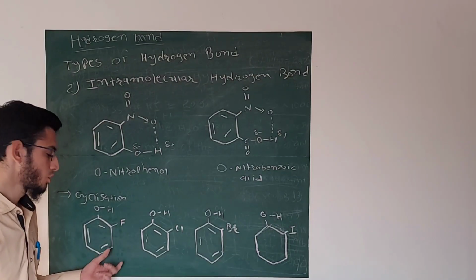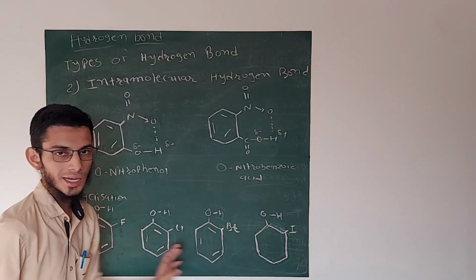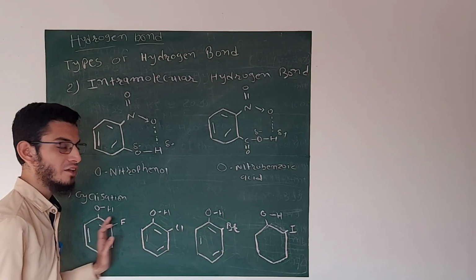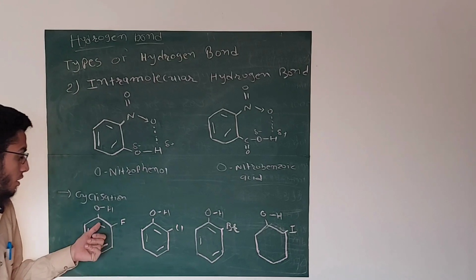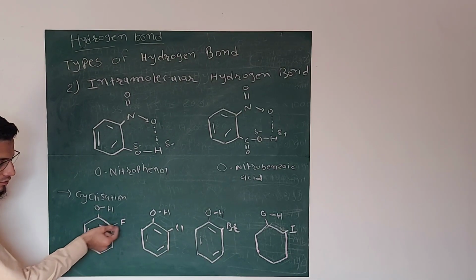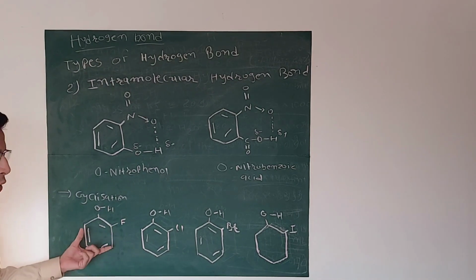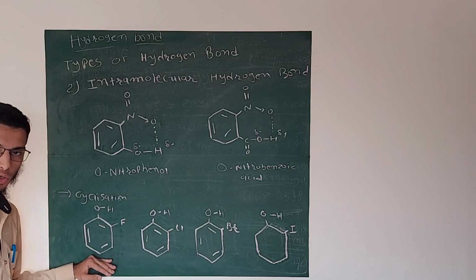In the first case, you think that from fluorine, chlorine, bromine, iodine, electronegativity increases, minus I effect also increases. So the OH bond will be more polar. Why? Due to this minus I effect of fluorine. So the hydrogen will easily be removed in the solution. So the acidity will be more for orthofluorophenol.